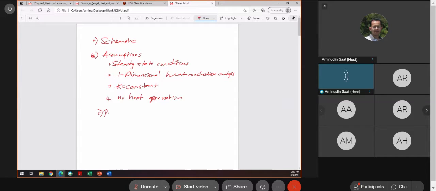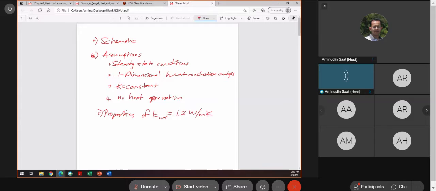So the property K for the wall is how much? Is it 1.2? Yes, 1.2 watt per meter Kelvin.